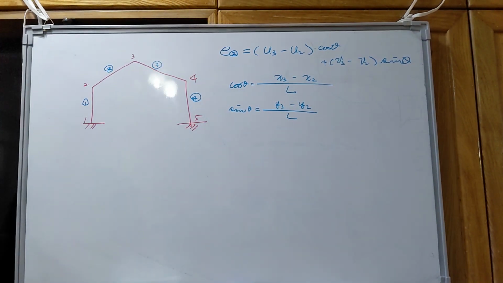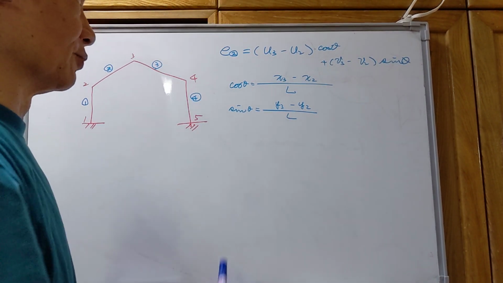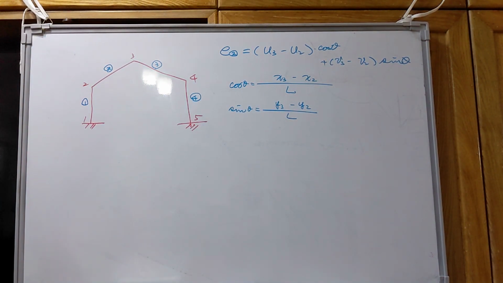We can use the nodal coordinates x2, y2, x3, y3 to calculate the cosine theta and the sine theta for this element. So we have a formula like this one.